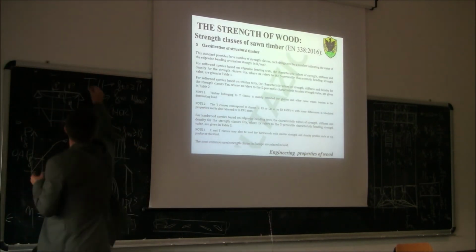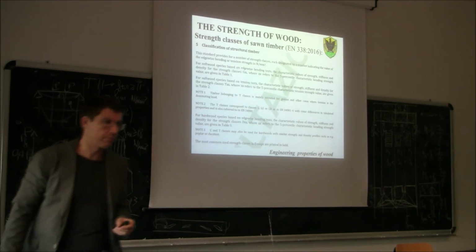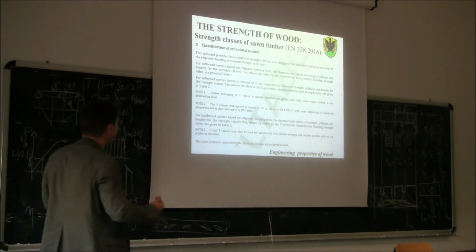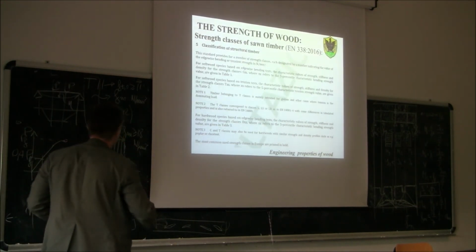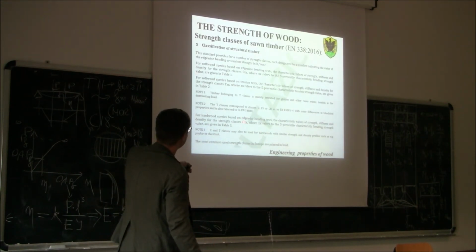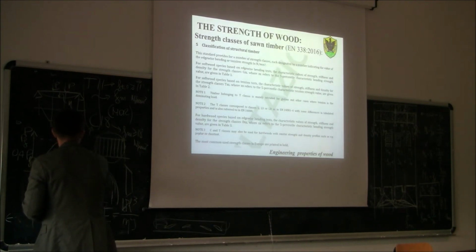This is for T and C for, we said, softwood. Instead for hardwood, you test only in bending and you use the letter D. So for example D40.